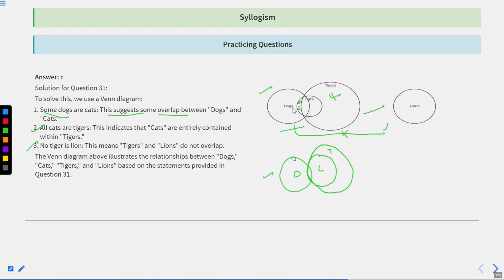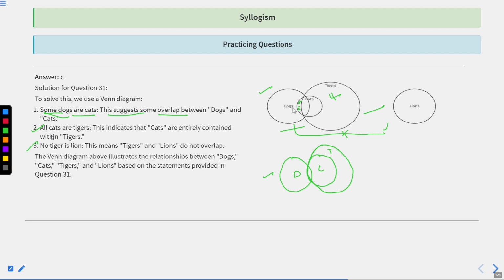Please understand, my dear students, it is saying that some dogs are cats. So if some dogs are cats, what does that mean? It means that some cats are dogs. Correct? There are some cats which are dogs.